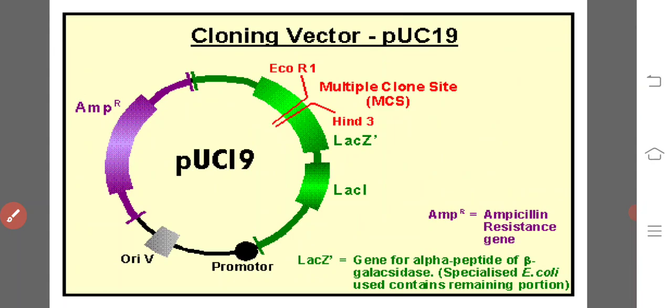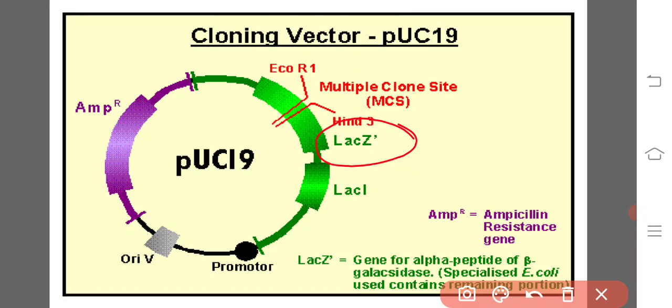Coming to another cloning vector in the form of plasmid, that is pUC19. It is available in pairs with reverse order of restriction sites related to the LacZ promoter.